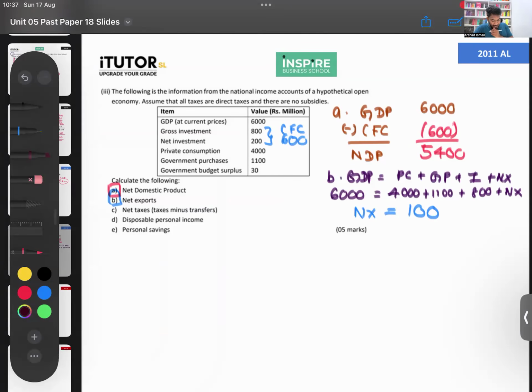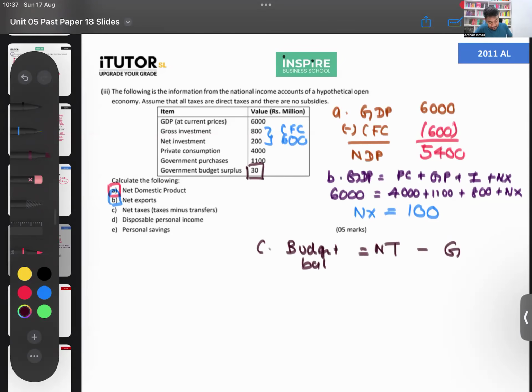Okay. Then net taxes. How do you get net taxes? Now here they have told you taxes minus transfers also. So remember, you can get it from what? The budget balance, right? Remember, government's budget balance is government's income, that is net taxes, minus government expenditure. So they are telling there is a budget surplus of 30.